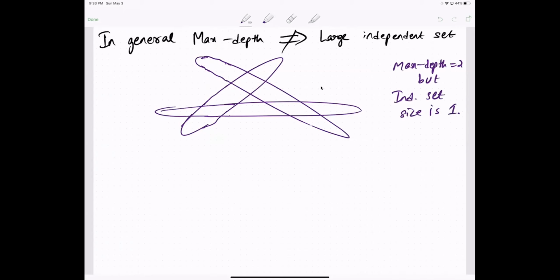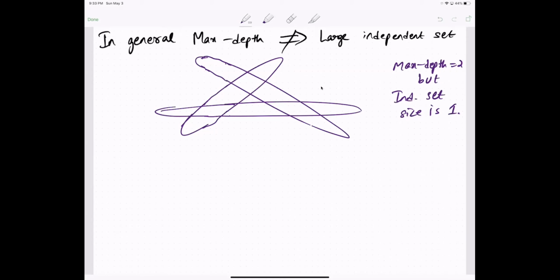I'm just showing it for 3, but if you're careful, you can ensure that every new object that comes intersects everyone which is already there, but doesn't increase the max depth. I mean, it goes up to 2, that's all.